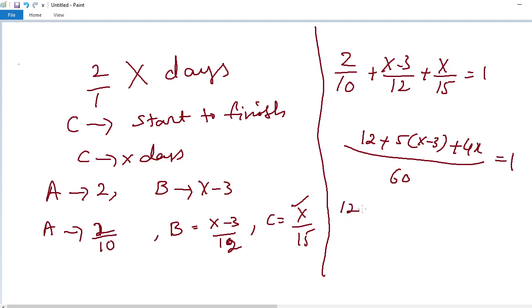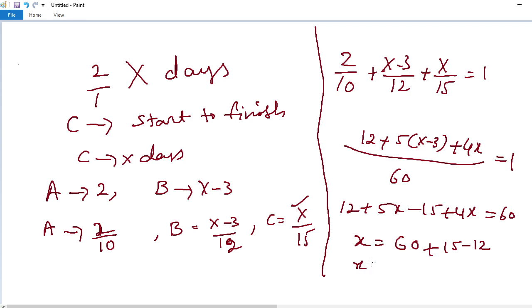So 12 plus 5X minus 15 plus 4X is equal to 60. So 9X is equal to 60 plus 15 minus 12. Sorry, 5X plus 4X, that is equal to 9X.